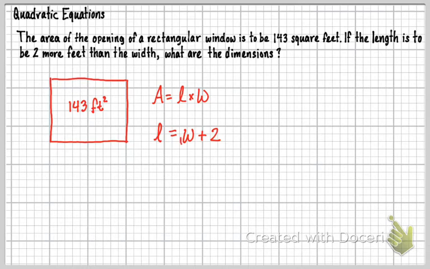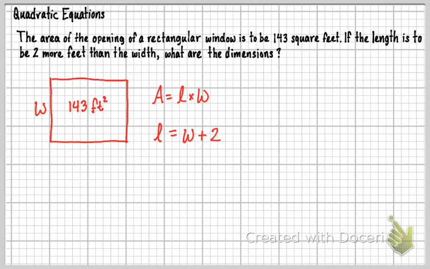So I'm going to say W is the dimension of the width. So I'm going to say, hey, this is W then. I'm just calling it W because I don't know what it is. And the length is being compared to the width, excuse me. So that's the best I can get.